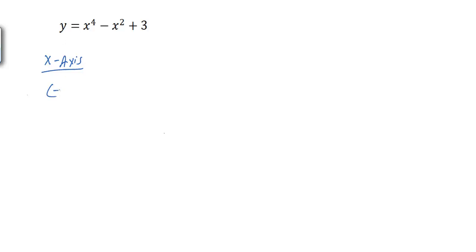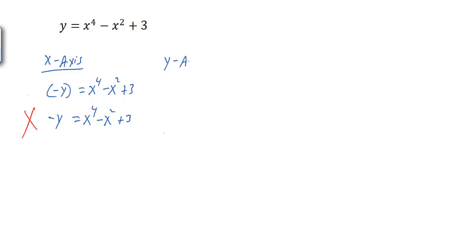So if I plug a negative in for your y, we get negative y equals x to the fourth minus x squared plus 3. And this does not equal the original equation, so therefore it is not symmetric with the x-axis.